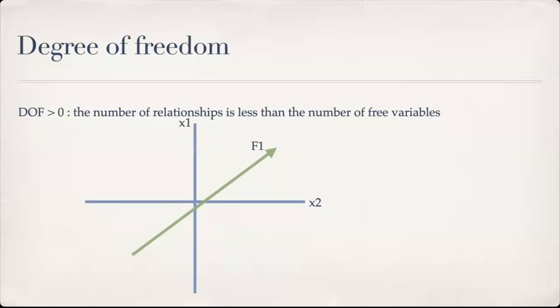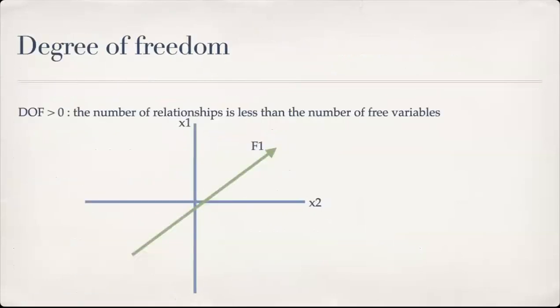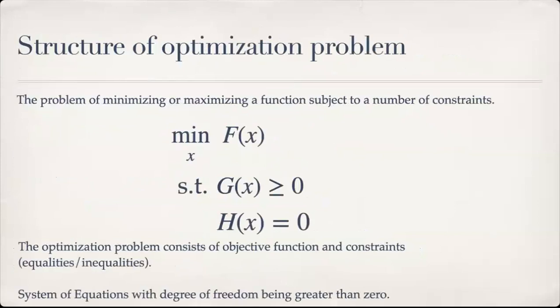Okay, so how is degree of freedom related to our optimization problem? We can treat the optimization problem as a system of equations with degree of freedom being greater than 0. Why? What does it mean? Look at the constraint.